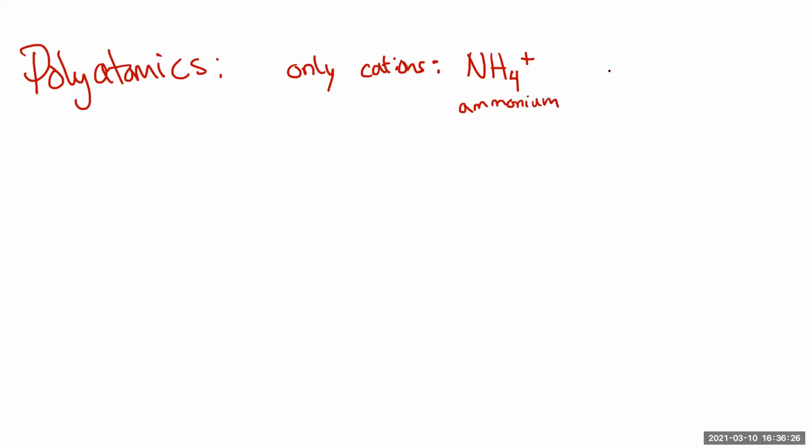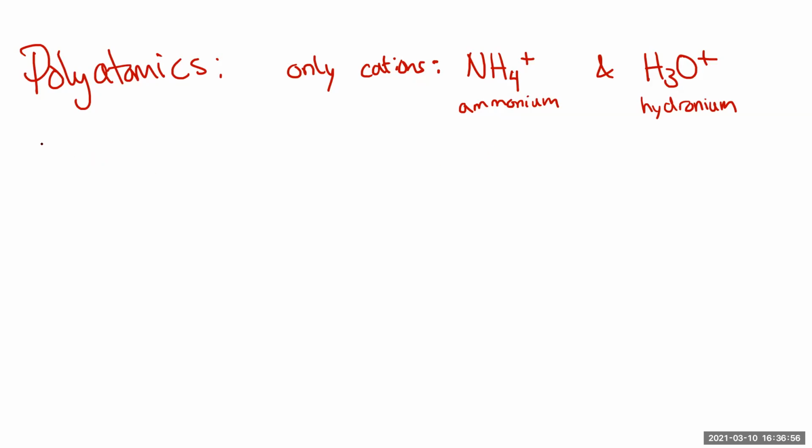Ammonia, the neutral compound, is NH3. The other cation is what we call H3O plus, which has the name of hydronium. And we will come to that later when we talk about acids and bases and proton exchange. Okay, now, those are the only cations typically discussed.